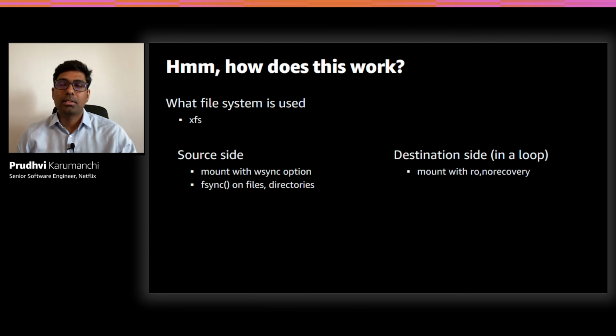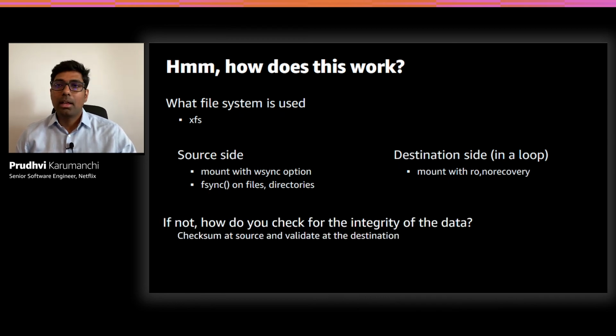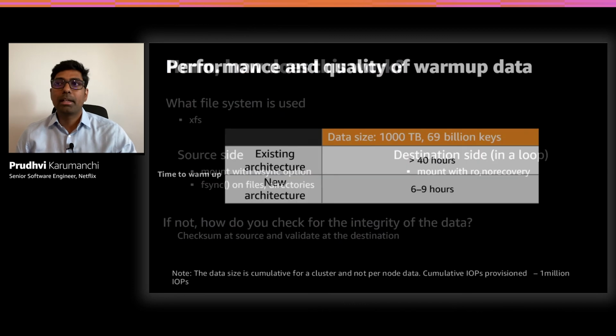On the destination side, the cache warmer service can read this chunk information and then write to the destination clusters. And just to be on the safe side, we also compute the checksum of the data chunk files that we write to the multi-attach EBS volume. On the destination side, before really reading it, we recompute the checksum and validate that everything looks good before writing to the destination.